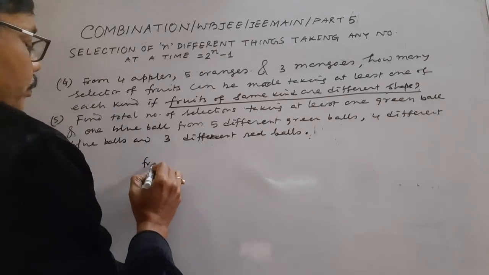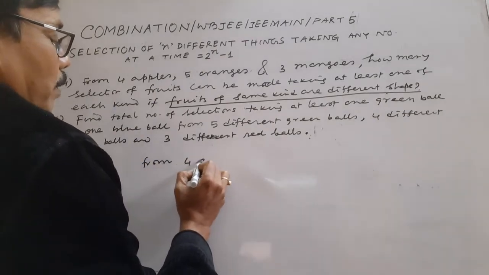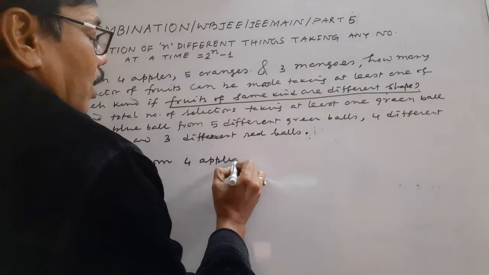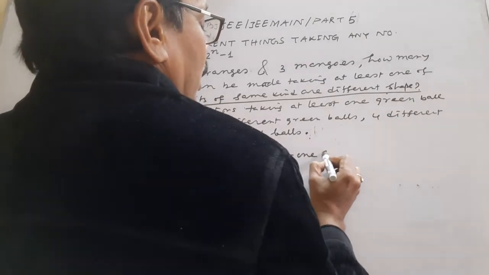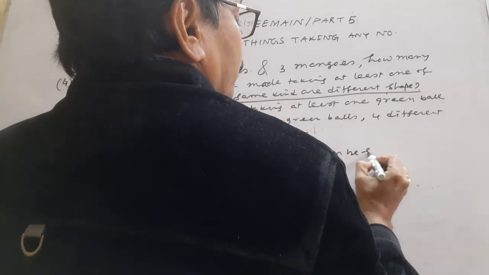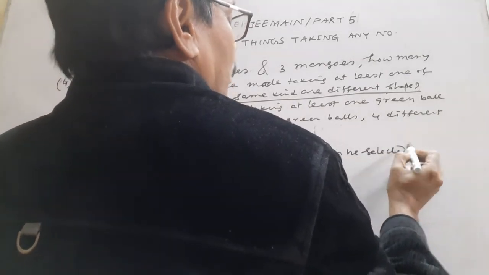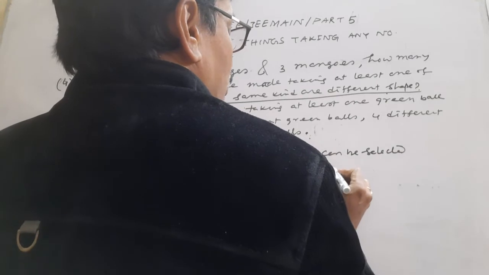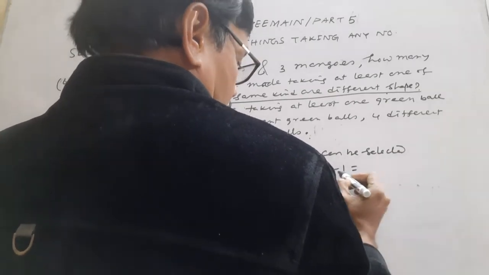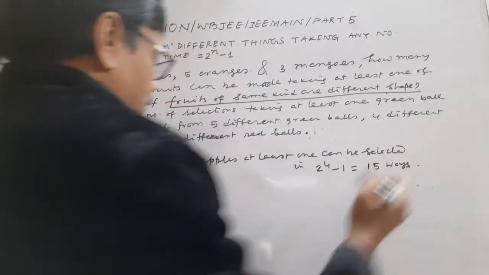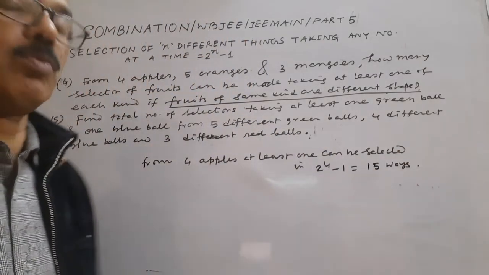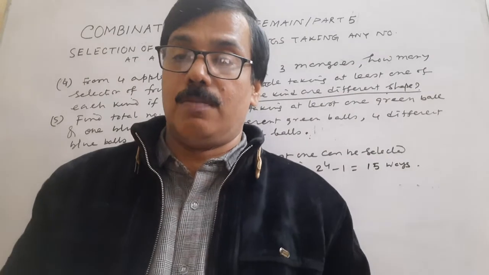So from 4 apples, at least one can be selected in 2 to the power 4 minus 1 equals 15 ways. At least one: the formula is 2 to the power n minus 1.